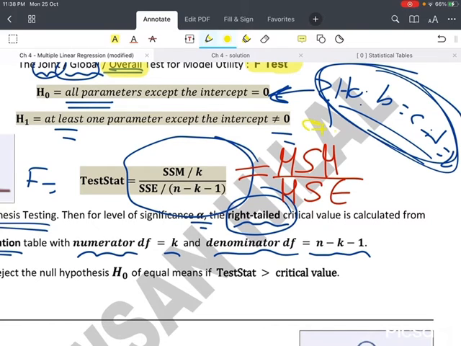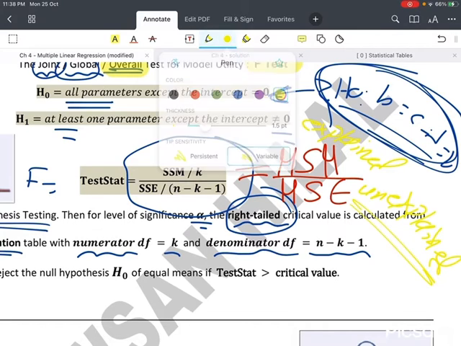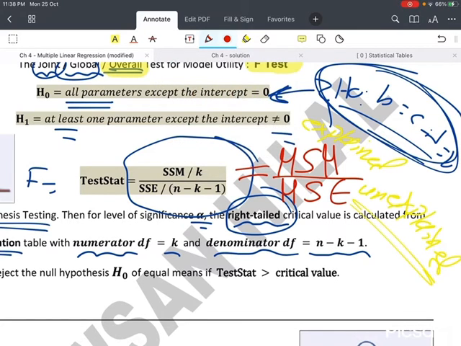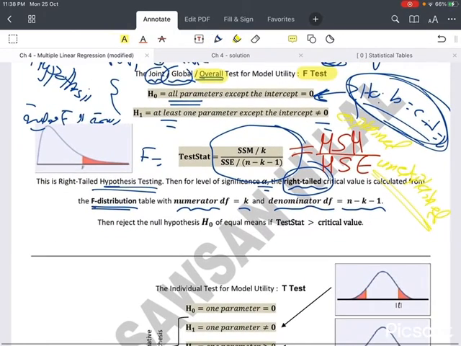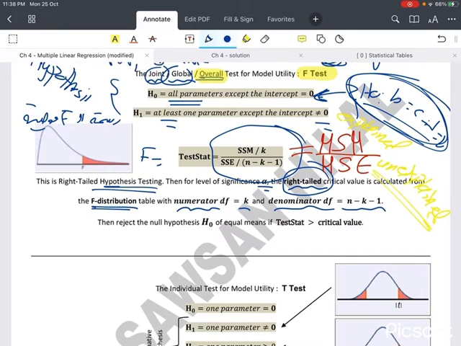Or you can write it as explained over unexplained. Okay, explained over what? Over unexplained. And something important here in the formula, we have 2 degrees of freedom.